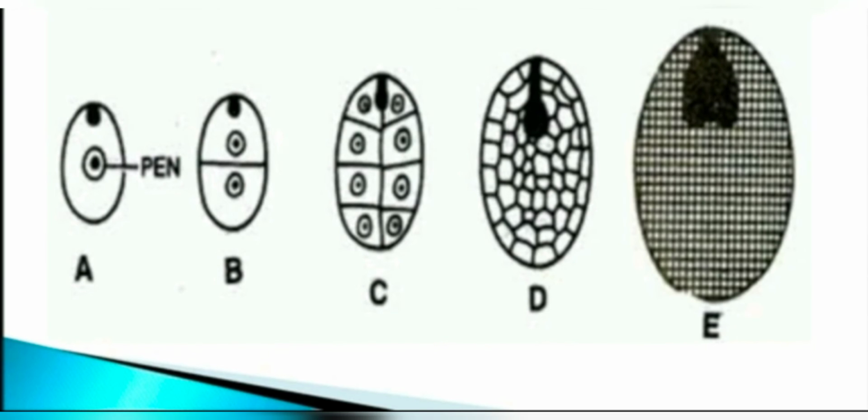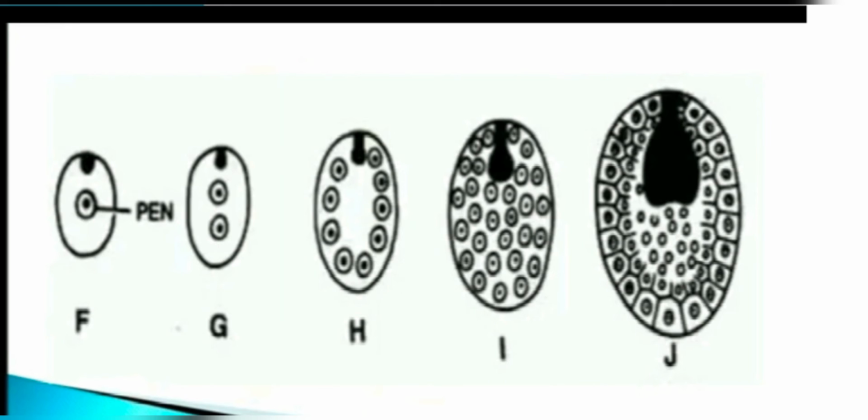The third type of endosperm, we already know, is the helobial endosperm. This helobial endosperm is in between, that means intermediate between the nuclear as well as the cellular endosperm. The first division of the PEN, that means the primary endosperm nucleus, results in the formation of a large micropylar cell and a small chalazal cell. The nucleus of the micropylar cell divides freely, but that of the chalazal cell may remain undivided.